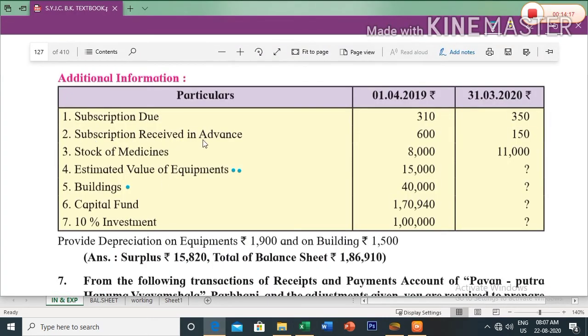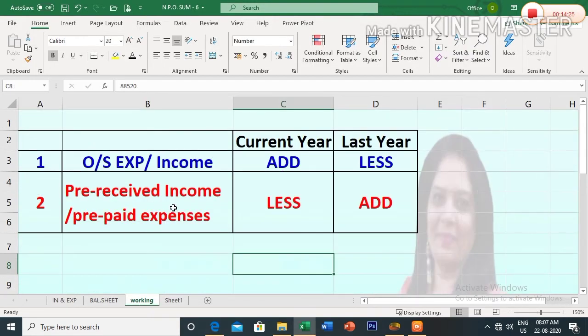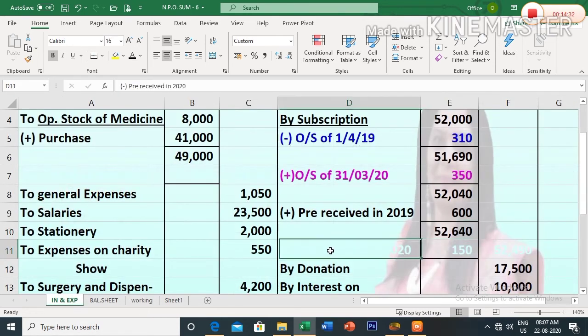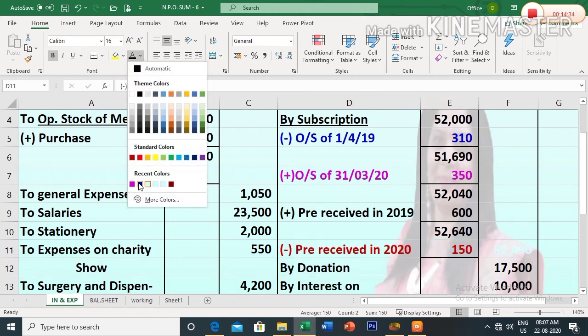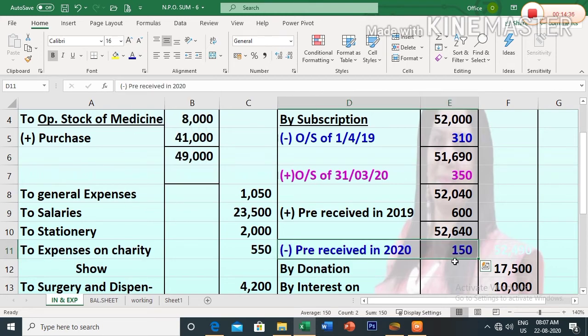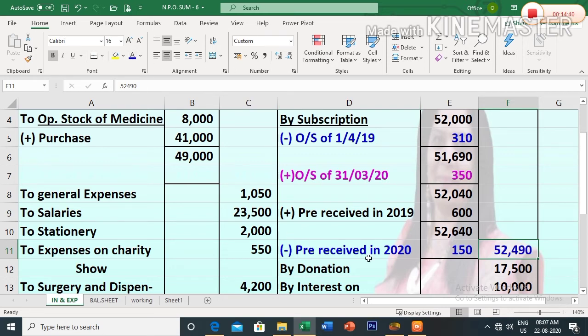Likewise, subscription received in advance in 2020, that is 150. This is the current year received in advance. For current year received in advance, our sign is less, so we have to deduct this amount, and we will record less pre-received in 2020, 150. After deducting, we have to record the amount in the outer column, that is 52,490.